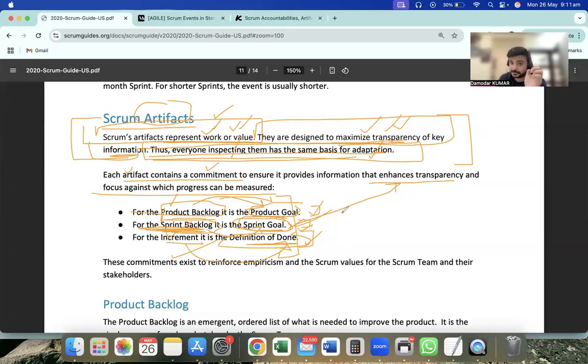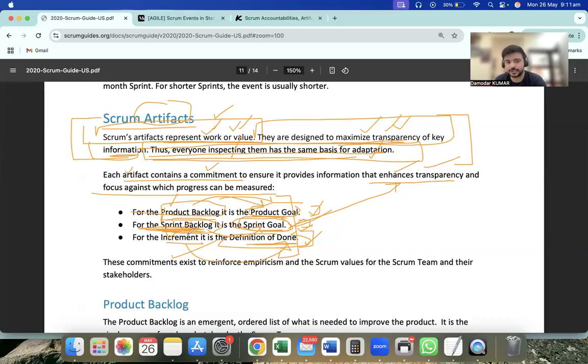So 100% it enhances the transparency and focus against which progress can be measured. If, for example, the team says that sign up is not done yet, I will feel that we are lagging behind and we need to meet again and reprioritize what's happening, and reprioritize our approach or the items. Okay.